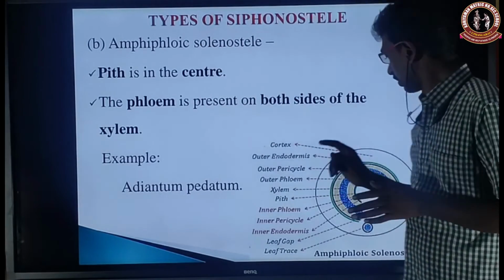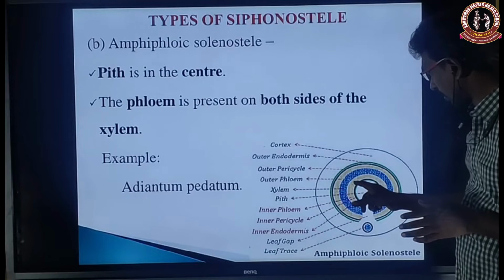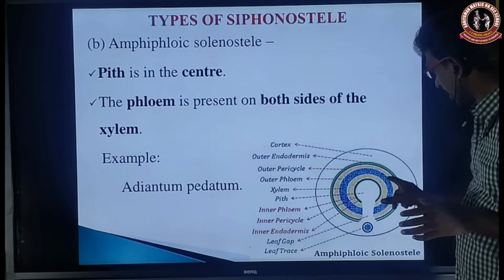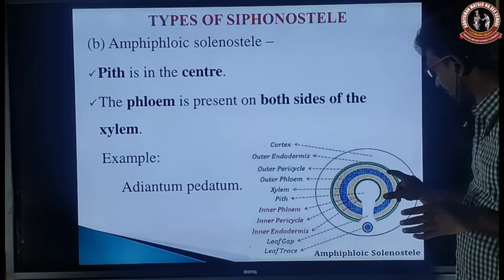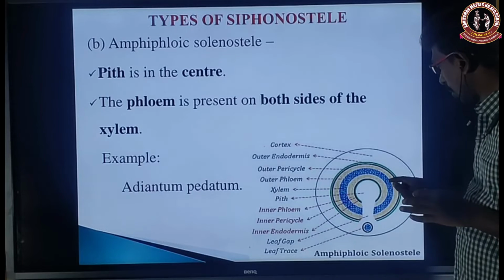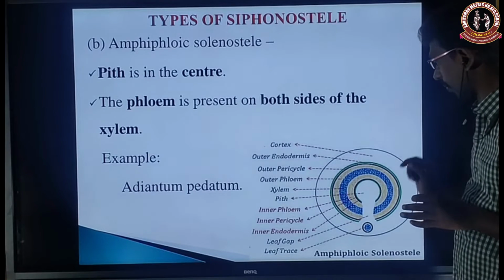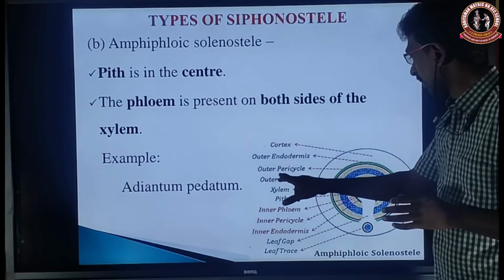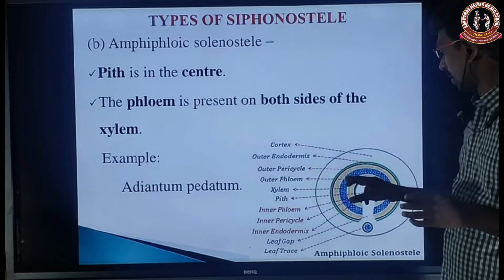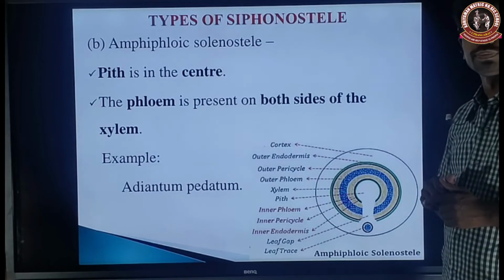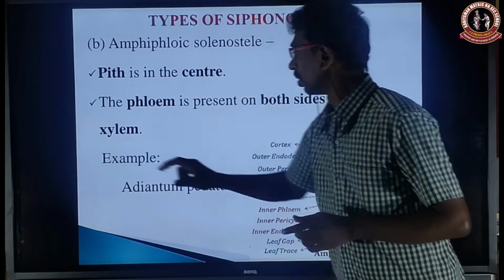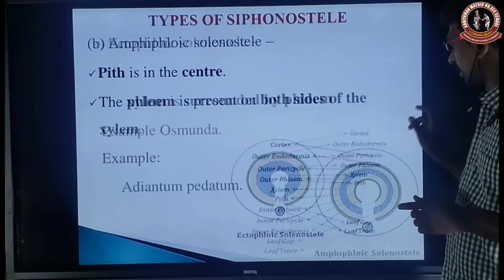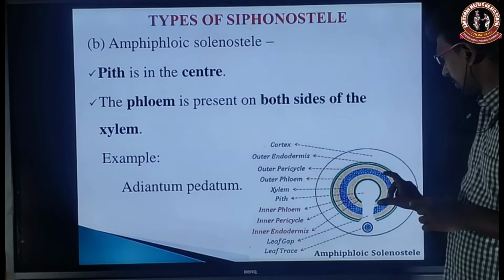Amphiphloic solenostele. So here two phloem. Here the violet color indicates the xylem, and the yellow with the green is the phloem, inner phloem, and this is outer phloem. Xylem at the center. Ecto has only one phloem, but in endo you can clearly watch this picture.